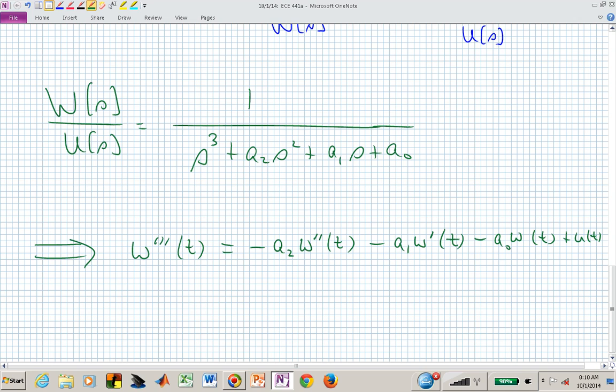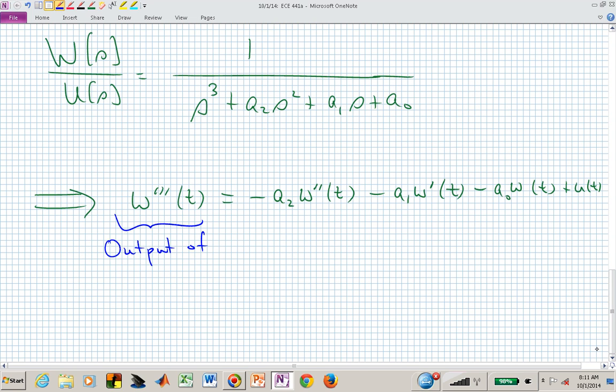Now what we want to do is you should be able to build a block diagram from this, an all-integrator block diagram. Meaning, consider the left side as the output of a summing junction. And let's consider all of these pieces to be the input to that same summing junction.